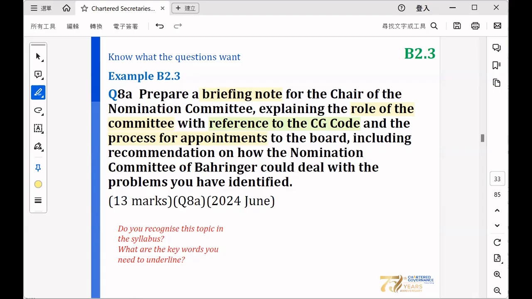The nomination committee will then send out the appointment letters, and the expected time commitment from the candidates. You have to tell them what they expect, etc. And these things have to be disclosed in the report.